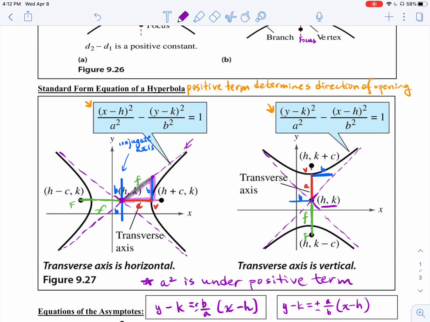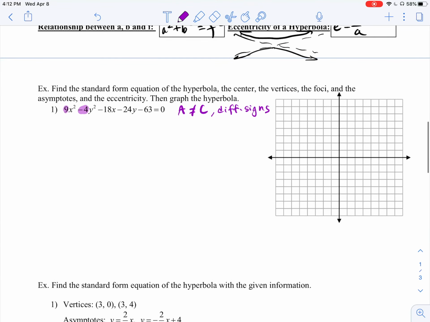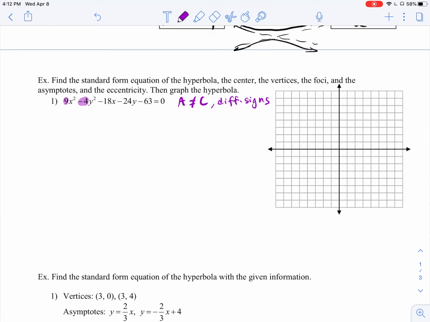But with hyperbolas, if we look back at our standard form equations, it turns out a squared and b squared could be the same. Them being the same has no bearing on whether or not it's a hyperbola. What matters is that they have opposite signs. So really the big thing I should emphasize is the fact that A and C have different signs. That's what makes this a hyperbola.